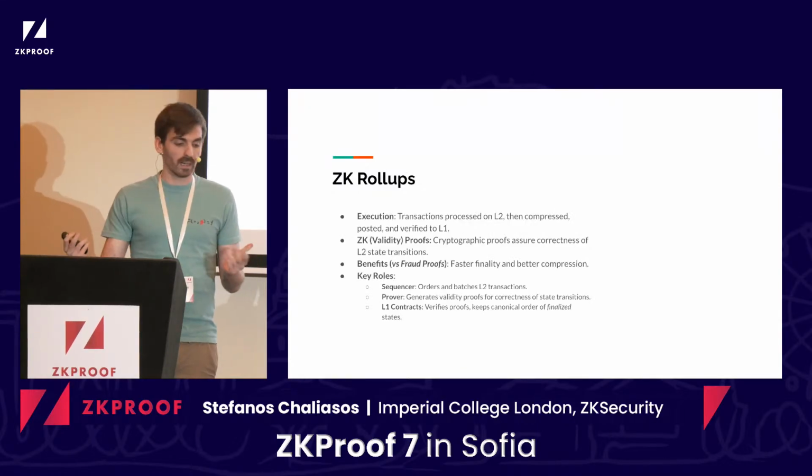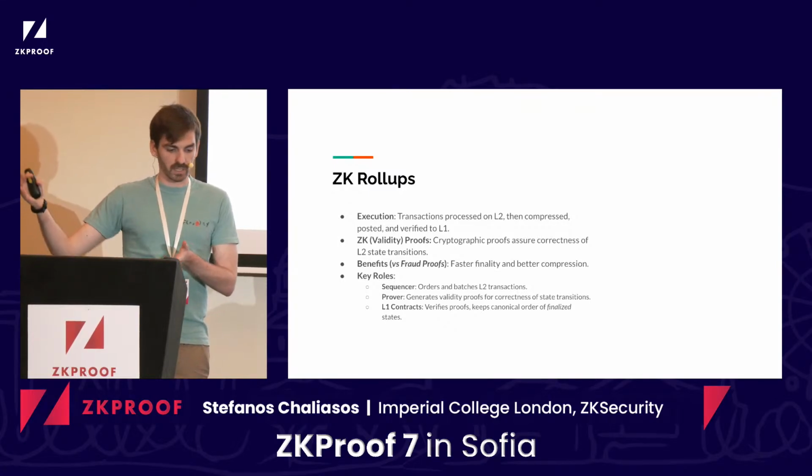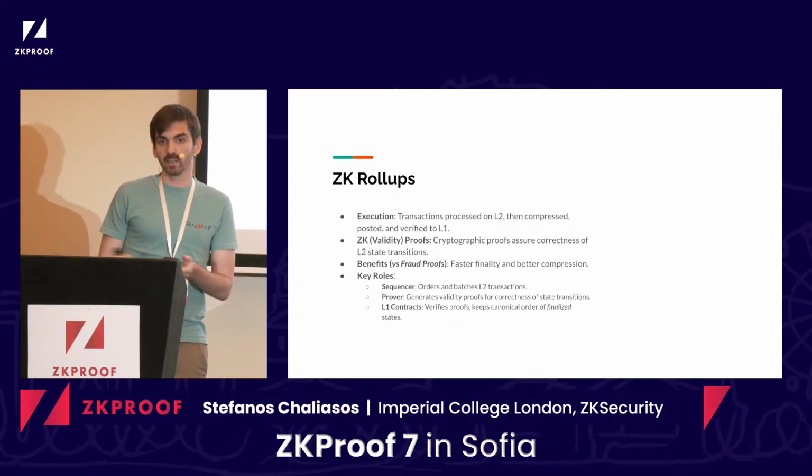So what a ZK rollup does is that it performs the execution, meaning the processing of L2 transactions, off-chain, and verifies them on the L1.